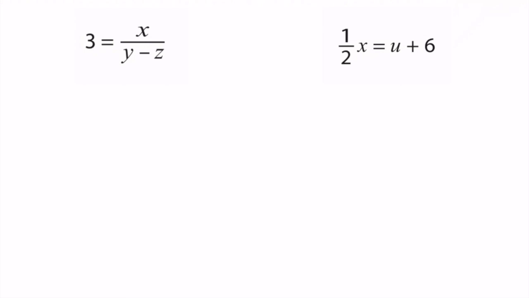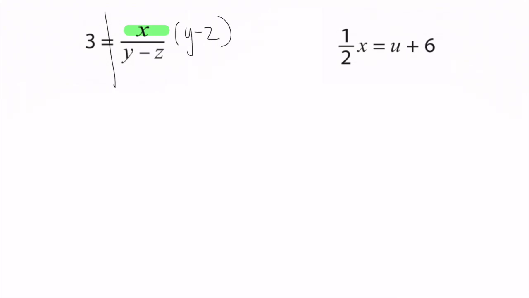In this example, again, we're isolating x. So we want everything with the x, this whole piece right here, to move to the other side of the equal sign. In order to do that, we have to do the opposite of what's happening here. If y minus z is under that x, that means we are dividing it, so the opposite, multiplying.